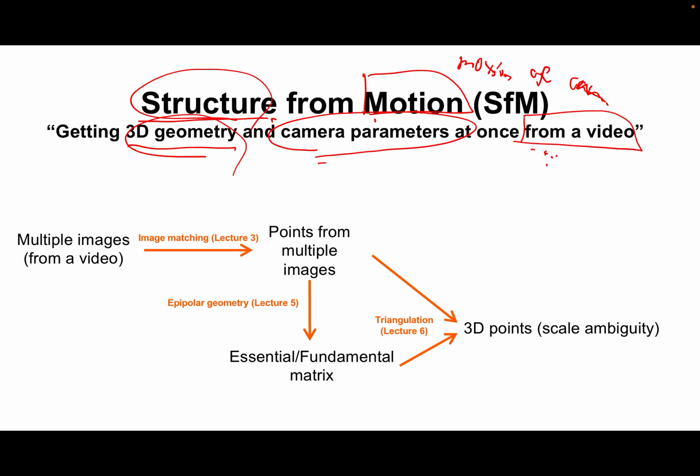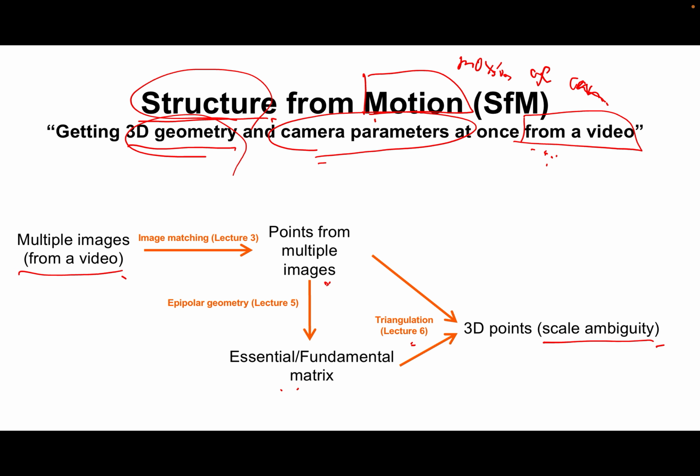So starting from multiple images, usually images are from a single video. Let's say we took a video with our mobile phone without any 3D calibration. That's okay. Every frame becomes an image, right? And then we can use an image matching algorithm to get points from multiple images, and then we can use epipolar geometry, and then we can use triangulation to lift the points from the video and essential and fundamental matrices to the 3D space.